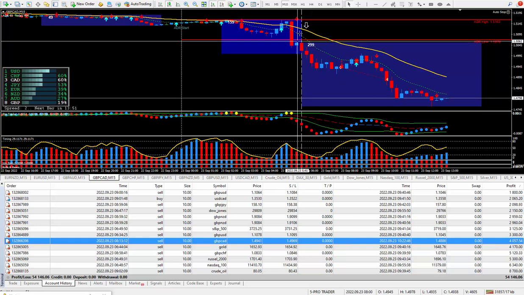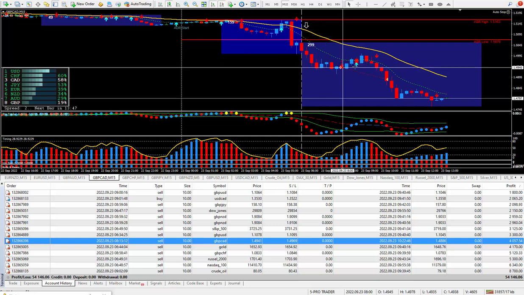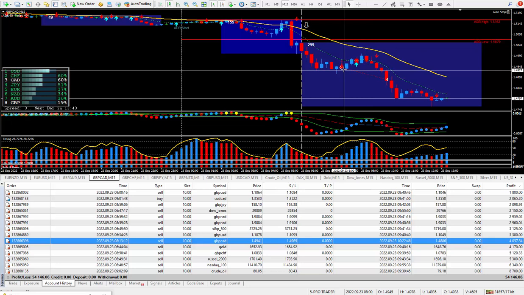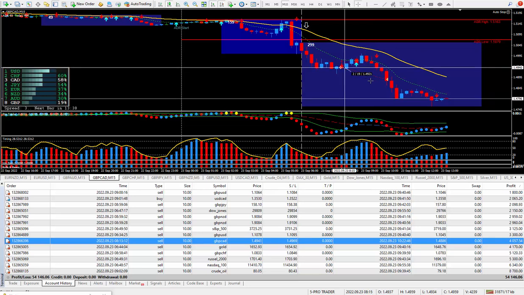Then it went flat, came back to the moving averages, and I knew that that could happen. But I pulled the trigger, got in the trade, and 56 it looks like. So 56 pips times the 10 lots paid out $4,057.